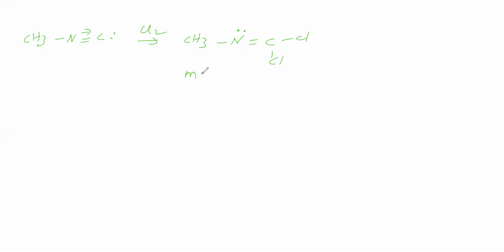The CH3 is called methyl. Then we will say imino. Then we are saying carbonyl chloride. Iminocarbonyl chloride. Methyl iminocarbonyl chloride is the name of this compound.